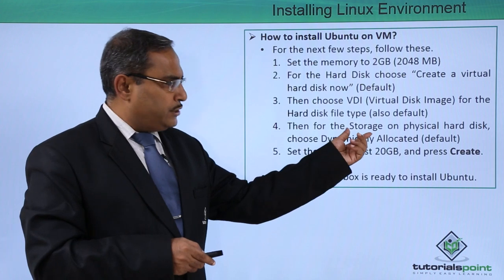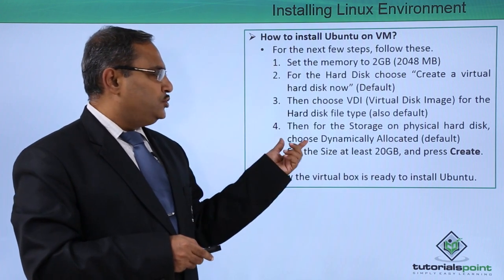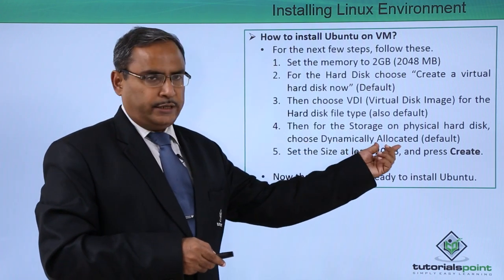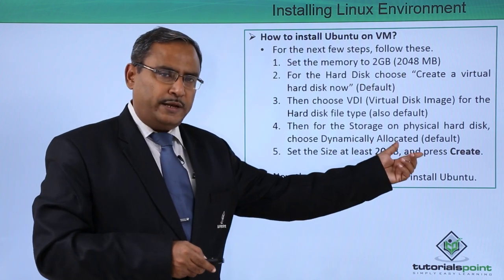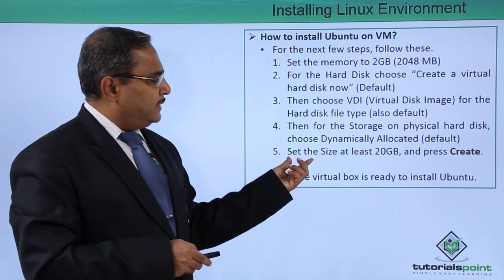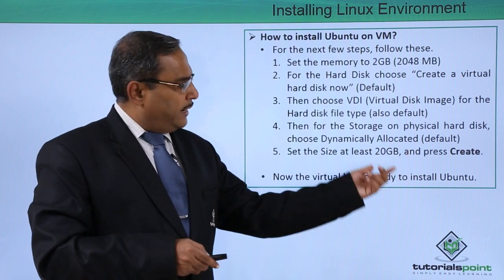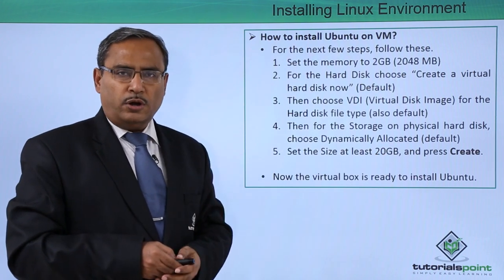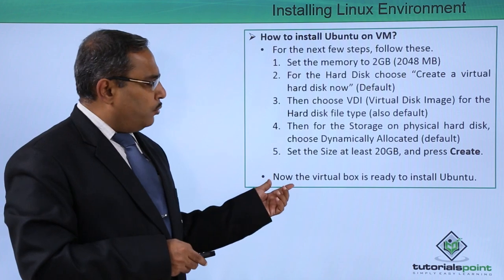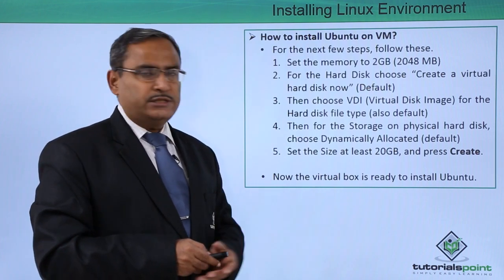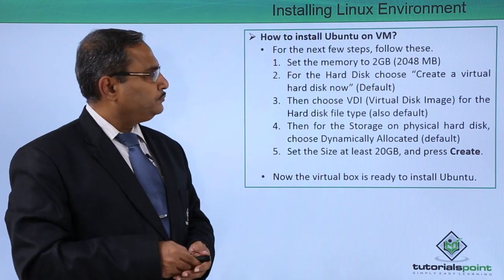Then for the storage on physical hard disk, choose dynamically allocated. This option will also remain selected by default. Set the size at least 20 GB and press create. In this case also you can go for more than 20 GB. So now the VirtualBox is ready to install Ubuntu.